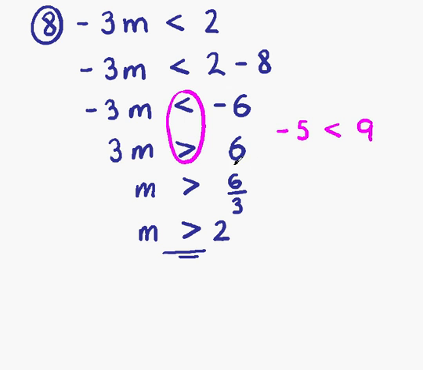The next thing we did in our example was we multiplied through by minus 1, a negative number. If we do that here, minus 1 times minus 5 gives us positive 5, and minus 1 times positive 9 gives us negative 9. If we put down our less than sign as before, we now have 5 is less than minus 9.